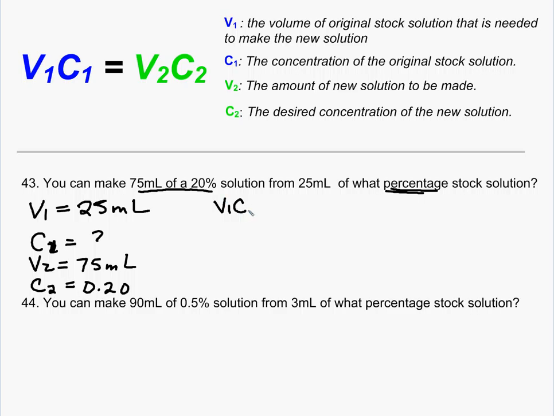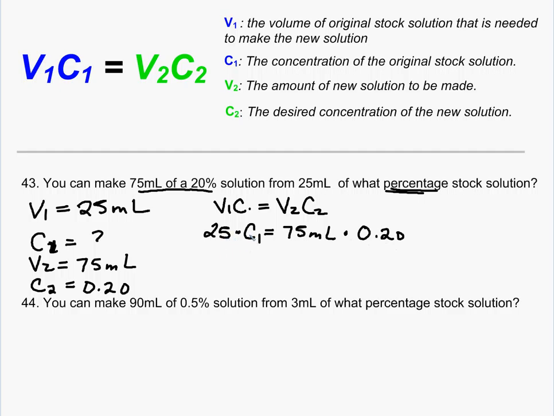So the only thing we have to be careful of here is when we are putting our data into the formula. So V1 this time we know is 25 milliliters. Our unknown this time is C1. V2 is 75 milliliters for the new solution, and the concentration of the new solution is 20%.